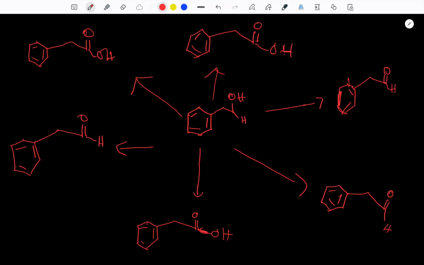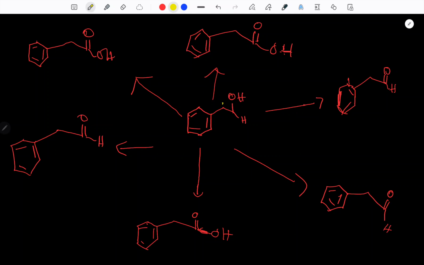Let us fuse the answers together. Let us first check what kind of alcohol this one is. The carbon which has the alcohol here has only one other carbon attached. So this one qualifies to be called a primary alcohol. So number one, this arrow here is showing that this primary alcohol has been converted to an aldehyde.